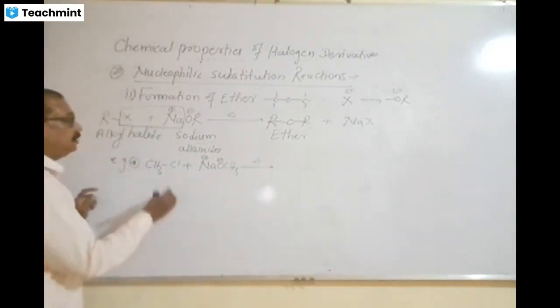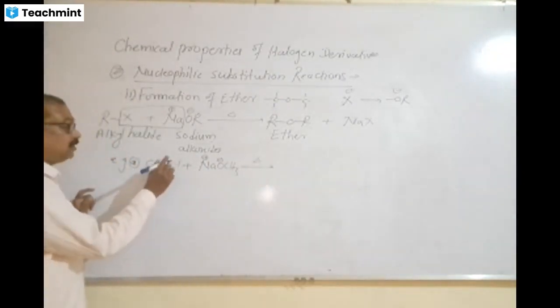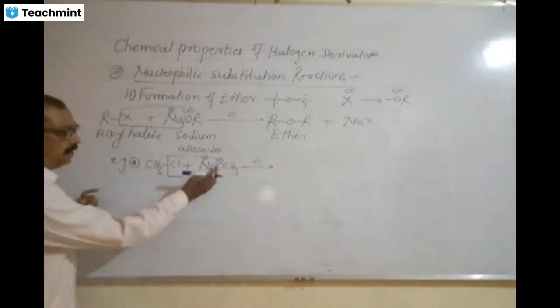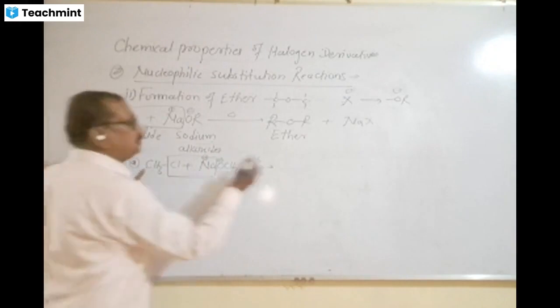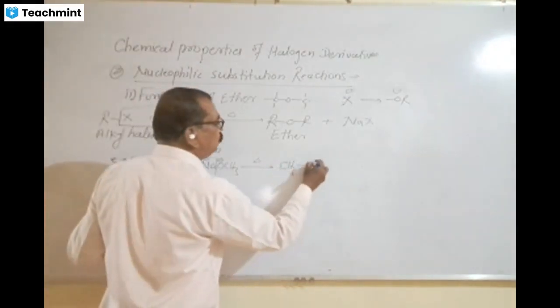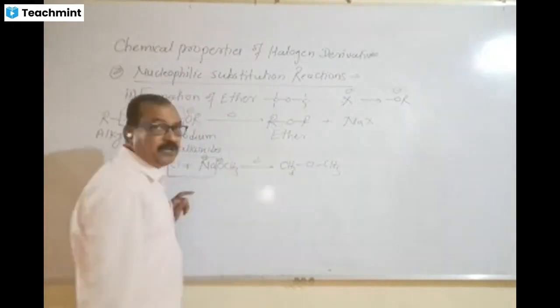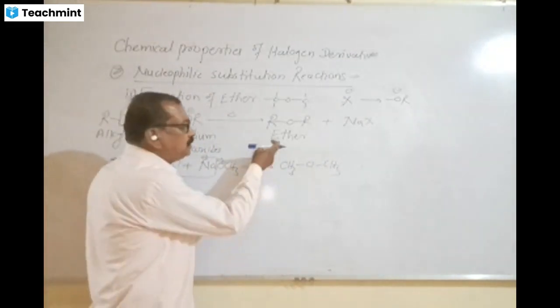In this reaction, chlorine is negatively charged, therefore the chlorine combines with sodium and the OCH3 group attaches to the CH3 group to give CH3OCH3. In this compound, a carbon, oxygen, carbon linkage is present. Therefore, this compound is an example of ether.